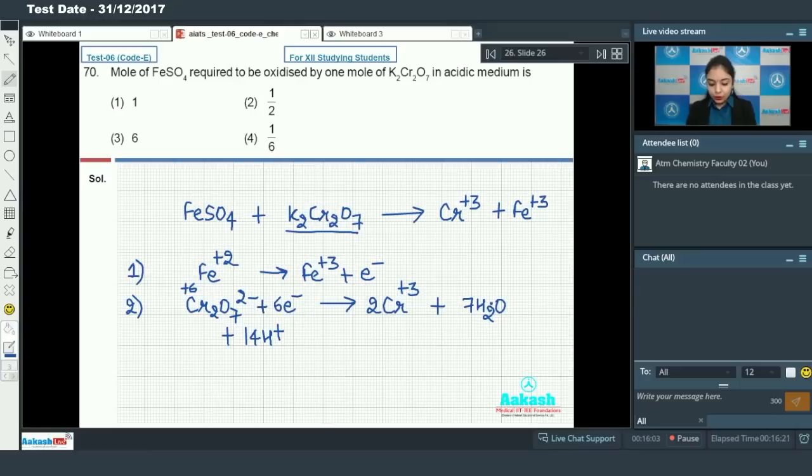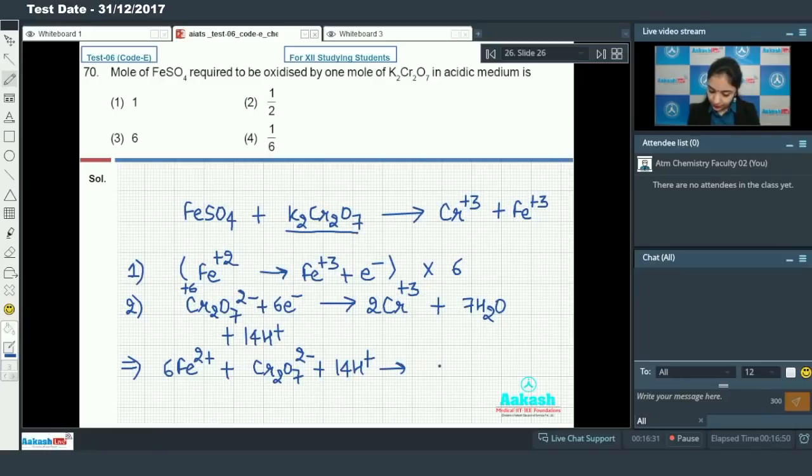Fine. So to balance the change in electrons, multiply the first equation by 6 and add the two equations. So the final equation will become 6Fe2 plus, Cr2O7 2 negative, plus 14H plus, giving 6Fe3 plus, 2 chromium 3 plus, and 7H2O.